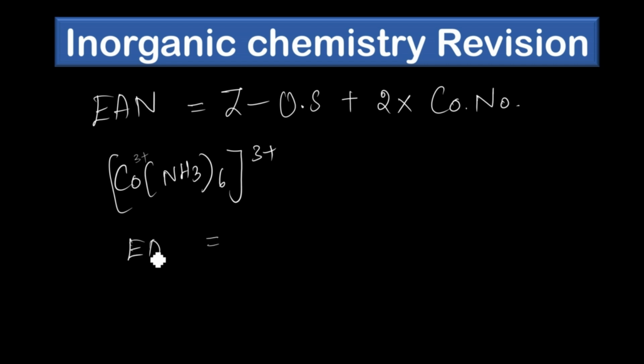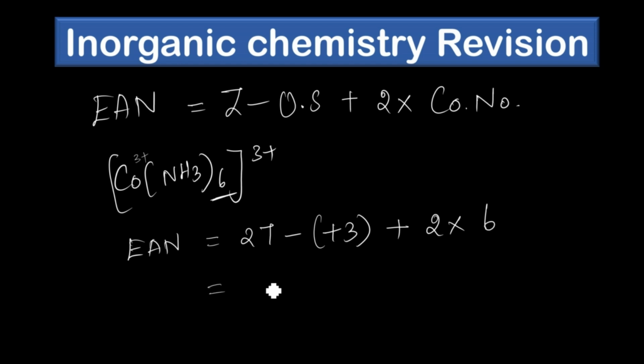For finding EAN, Z of cobalt is 27, minus oxidation state 3, plus 2 into coordination number, which is 6. So it becomes 27 minus 3 plus 12, 24 plus 12, that is 36.